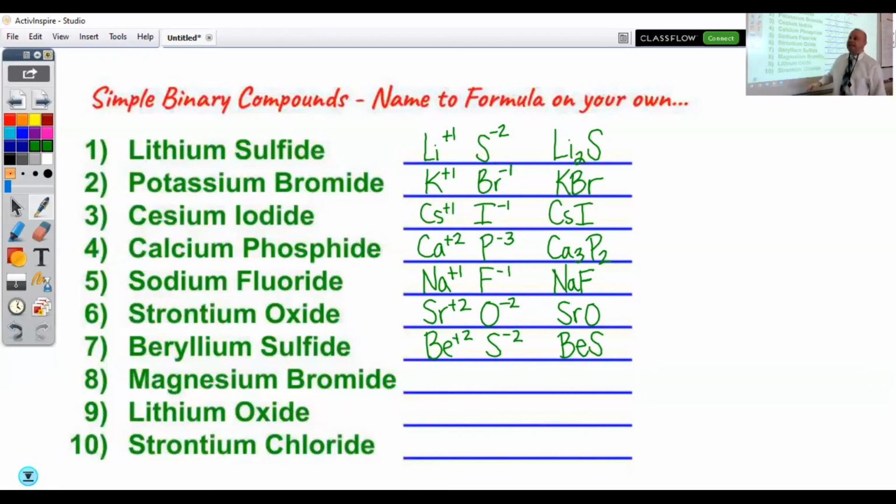Number 8, magnesium, that's in group 2 on the periodic table. Bromine, which is in group 17, has a -1 charge. So in order to get a neutral compound, I'm going to need 2 copies of the bromine, which is -1, in order to balance out the magnesium's +2.